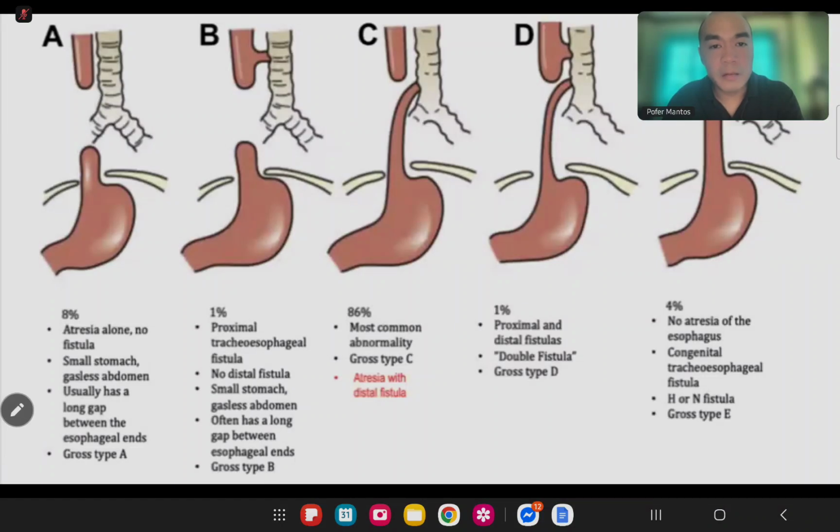While type E, parang hindi siya talaga esophageal atresia because there's no esophageal atresia, but just a TEF lang. Still, it's part of the types of esophageal atresia. This is also called the H-type fistula, which is present in 4% in this age group.